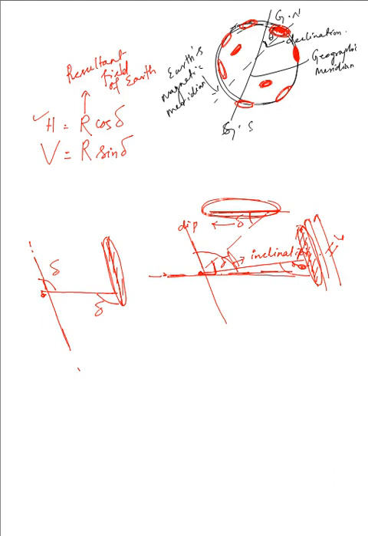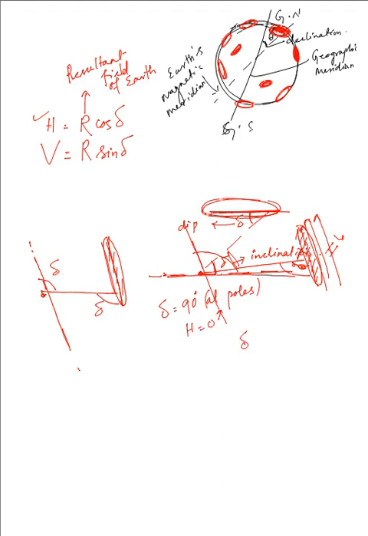To give you an idea about the value of these fields, what we have is that at the poles this will be completely absent. Why? Because delta there is simply equal to 90 degrees. So delta is equal to 90 degrees at poles, and as a result of that, H is absent at the poles.